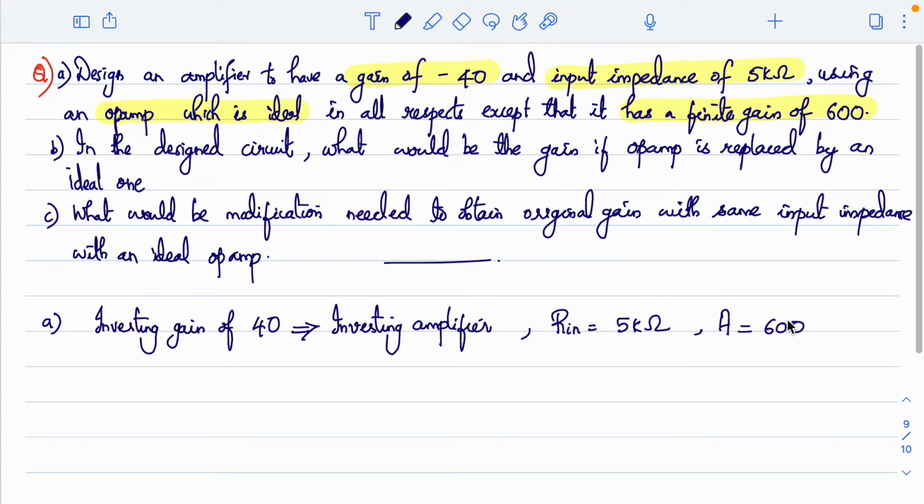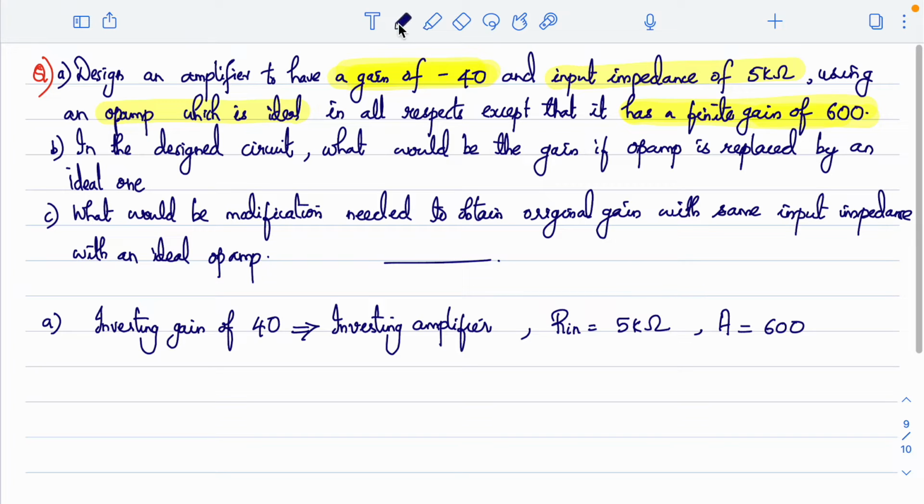Are you getting the difference? Here it is asked to design for a gain of minus 40, and this is the closed loop gain. The op-amp is ideal except it has a finite gain of 600, so the first gain is the closed loop gain for the amplifier, and the finite gain given for the op-amp is the open loop gain.